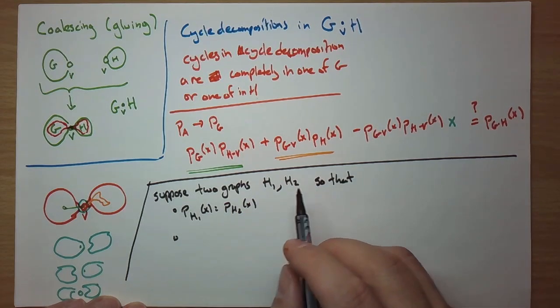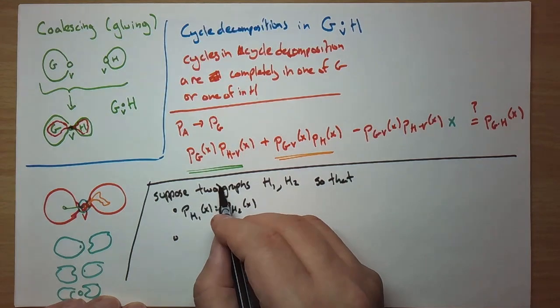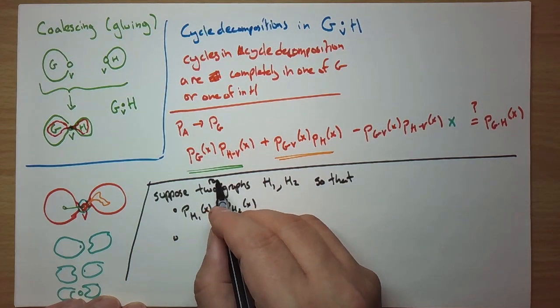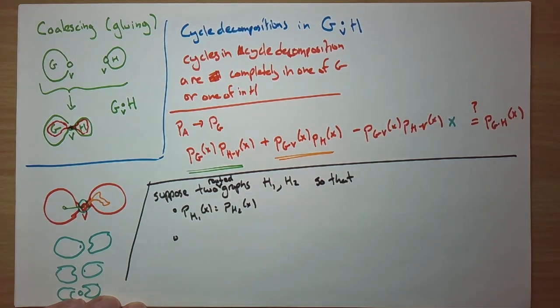And I should have added a word here, rooted. So I'll add a word, rooted graphs. What does it mean to say a graph is rooted? Yeah, there's a vertex that says that vertex. That's like the starting vertex or something, the root.